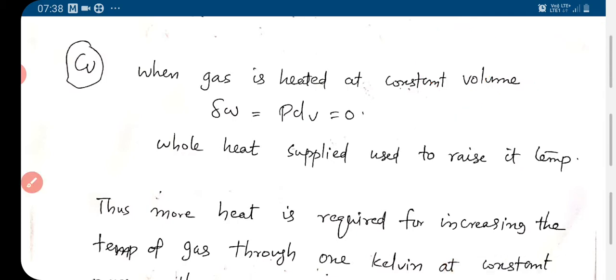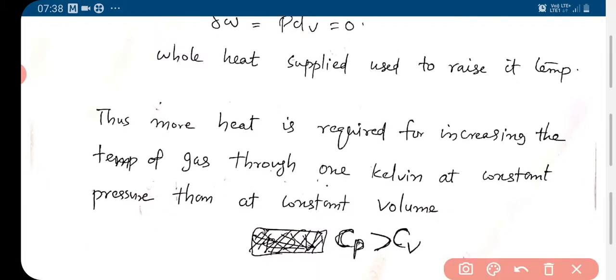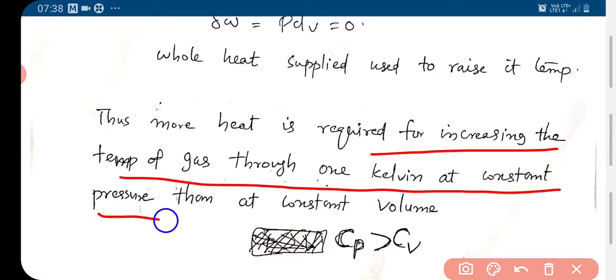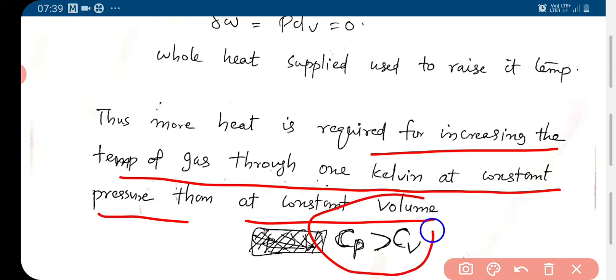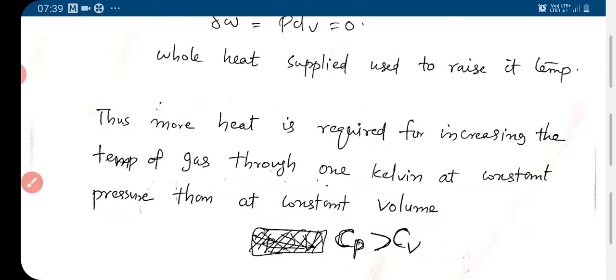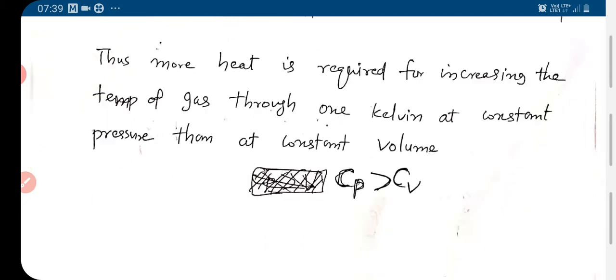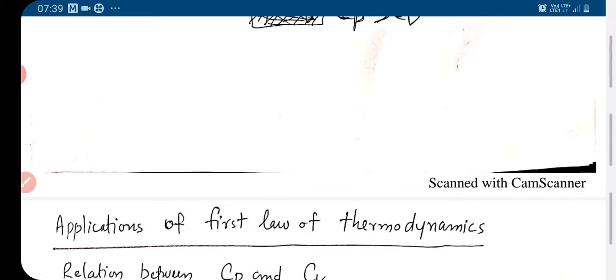More heat is required for increasing the temperature of gas through 1 Kelvin at a constant pressure than at a constant volume, because at constant pressure the gas has to do work as well. So Cp is always greater than Cv. And in the case of a perfect gas, we will see Cp minus Cv is given by R, the gas constant.